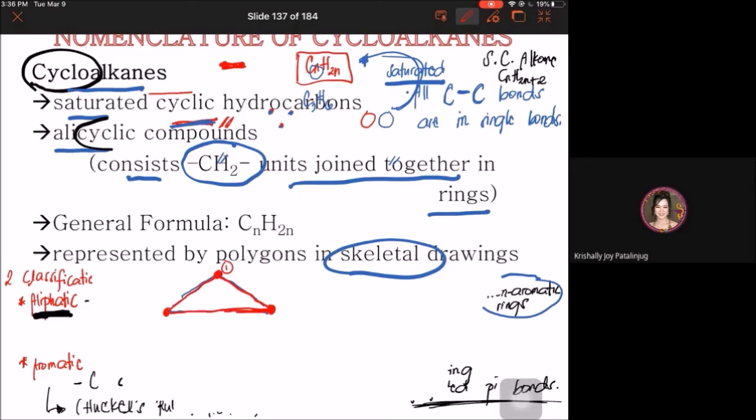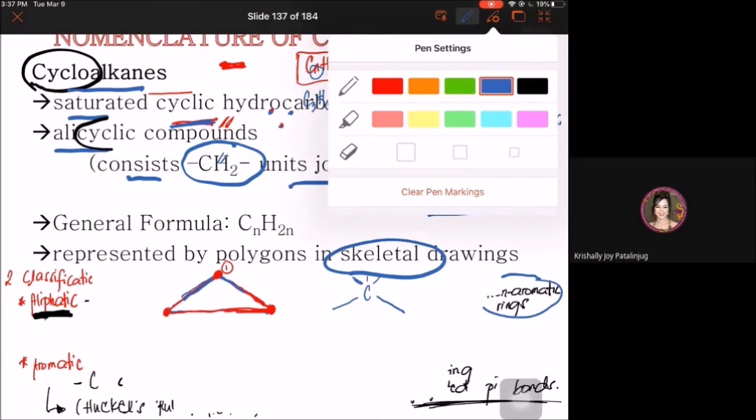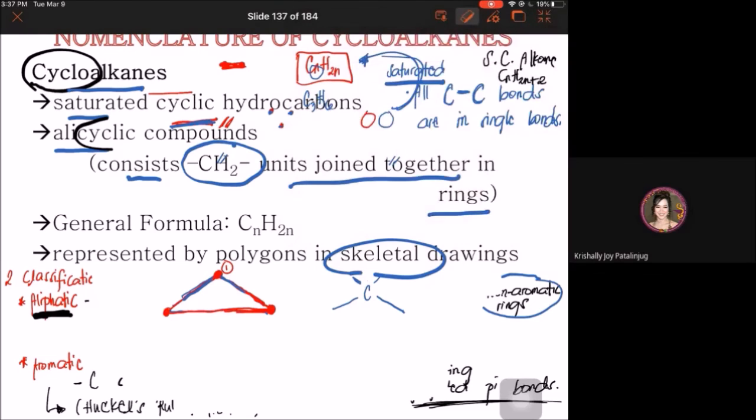This carbon already has 2 bonds. Ako siyang i-highlight og blue. Meron na siyang 2 bonds. Ibig sabihin, imaginary na carbon is 2. Okay, dalawang hydrogen.